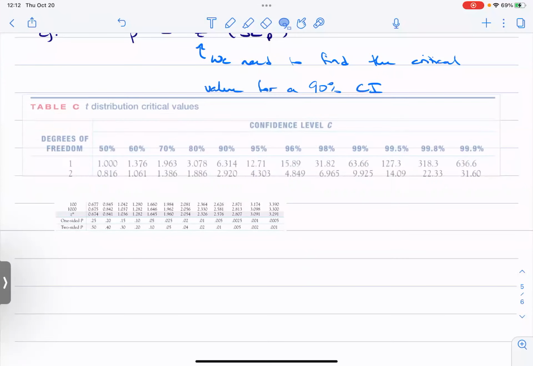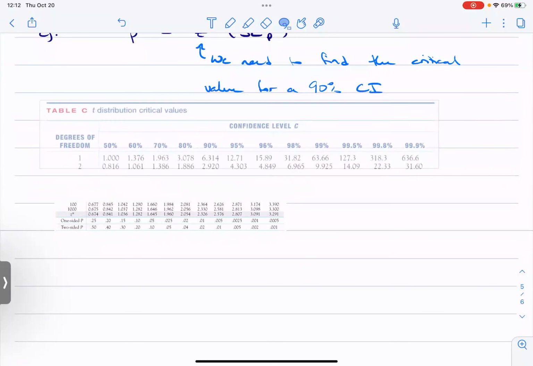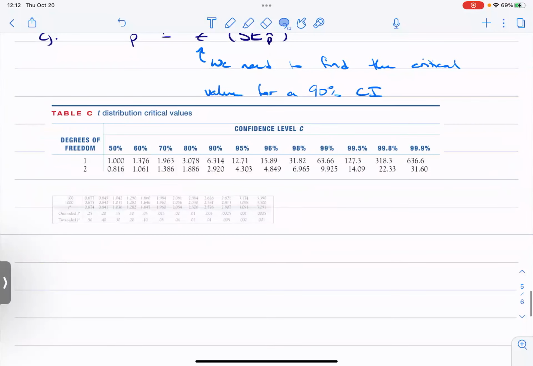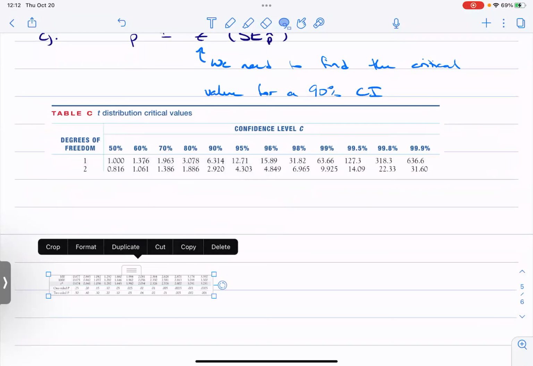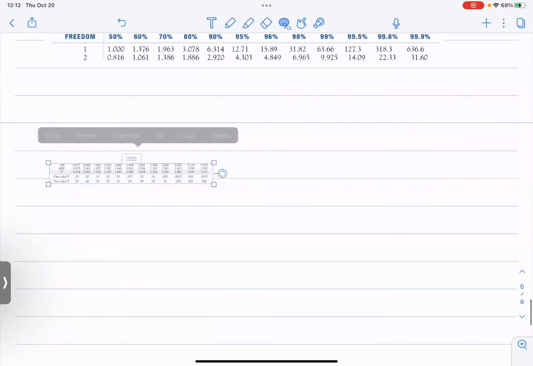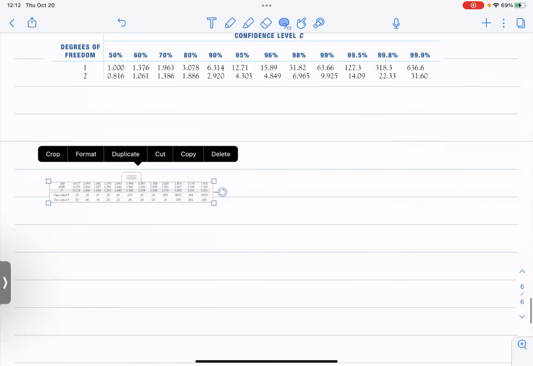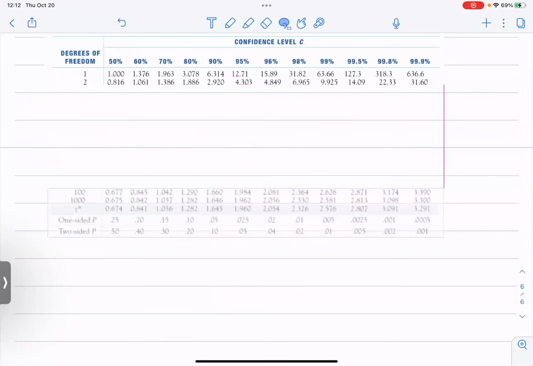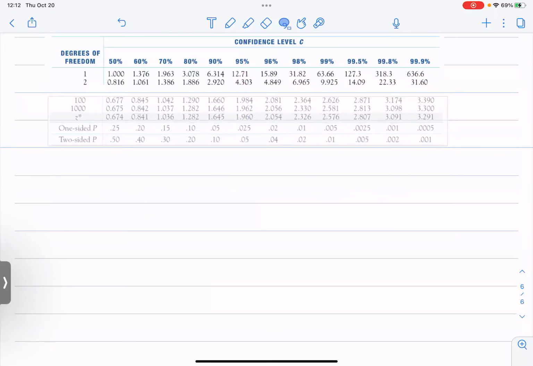Isn't that a pickle? Keep it on the same page here. I will put it back on. Come on, work with me. On the same page here. There.